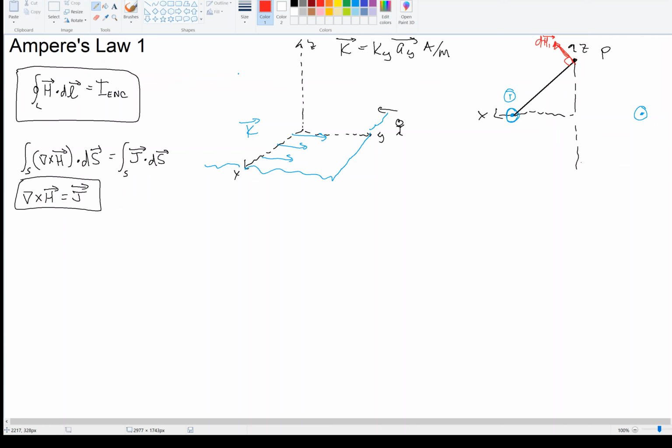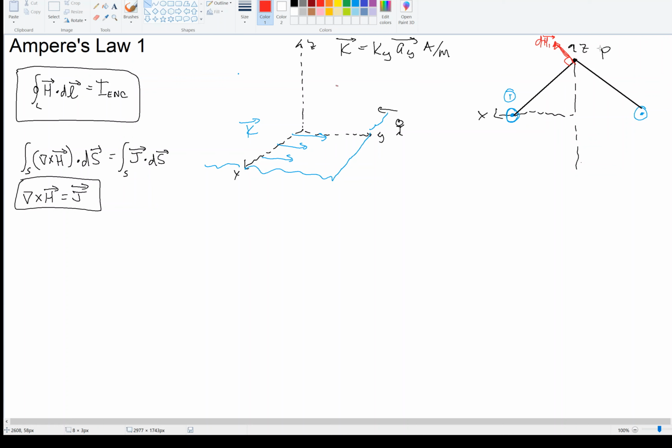Now we might ask ourselves, what about that symmetrical piece to the right? Well, we can apply the right-hand rule again. You point your thumb in the direction of the current, which is coming out at you, and then you circle your fingers.